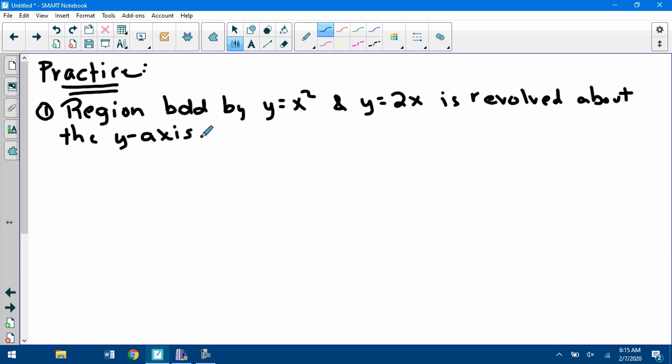Find the volume. All right. So as always, we're going to start by drawing a picture. This one's not too crazy of a picture to draw.